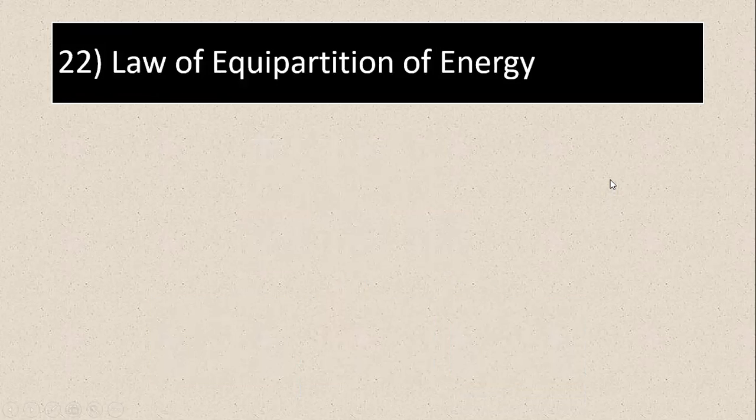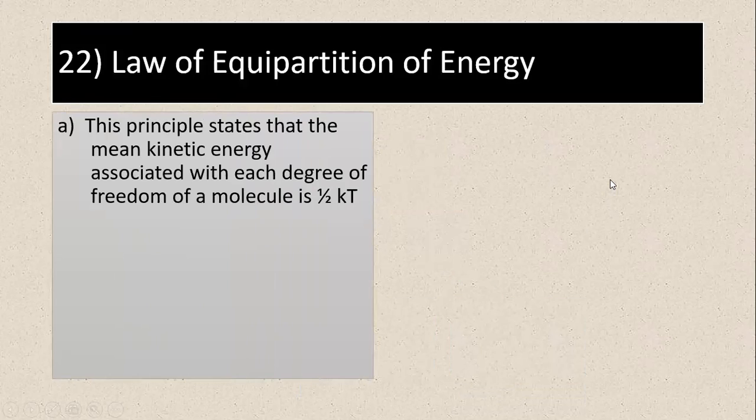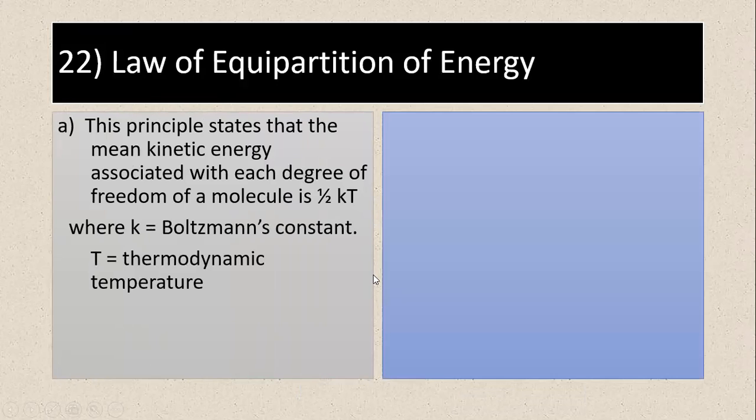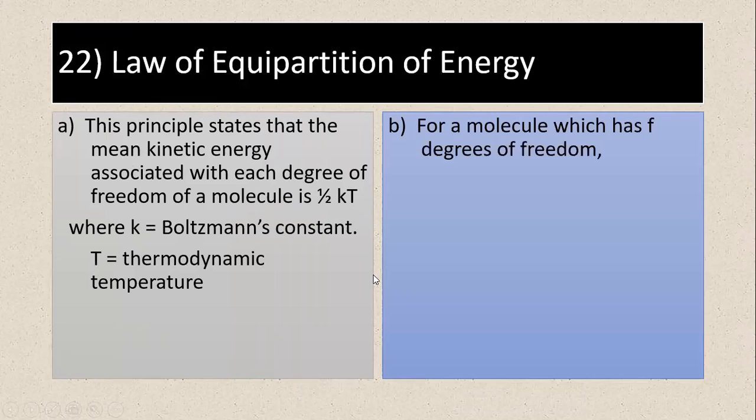So we come to another law, the law of equipartition of energy. It states that the mean kinetic energy associated with each degree of freedom is half kT. k is the Boltzmann constant and T is the thermodynamic temperature. For a molecule which has f degrees of freedom, we just multiply by f: half kT times f.